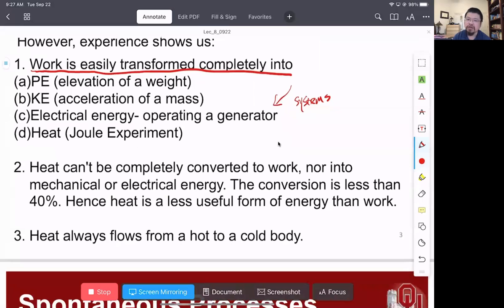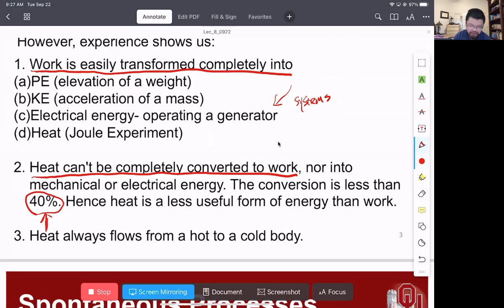But heat is not. We cannot completely convert heat into work or make changes of the system. And normally we are going to have roughly around 40%. We will come back on this value, why we roughly have quite low efficiency when we are using heat.